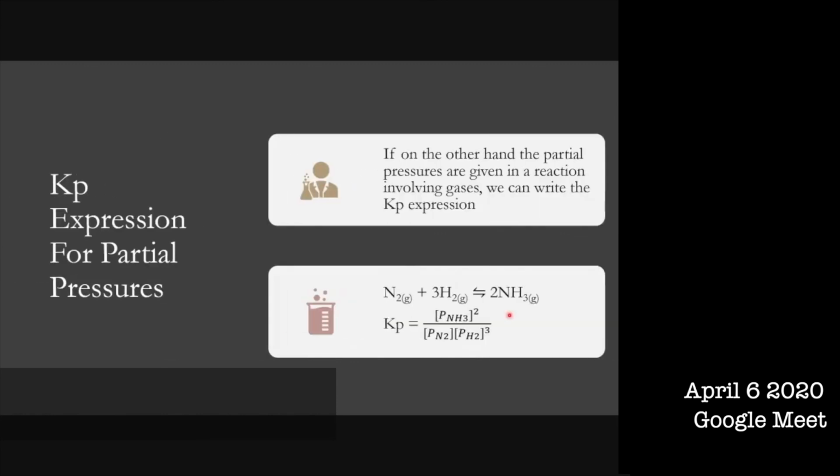Now, because the reactants and products are gases, we can also replace the molar concentration with PNH3, which means the partial pressure of ammonia divided by the partial pressure of nitrogen and the partial pressure of hydrogen raised to the appropriate coefficients, which is 2 and 3. So if you're using partial pressures instead of molar concentrations, then the equilibrium constant is referred to as Kp. That's what we have here.